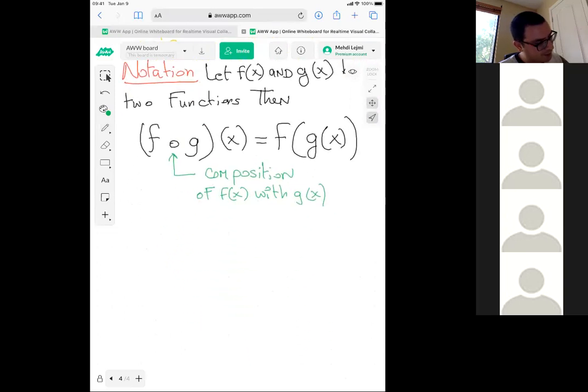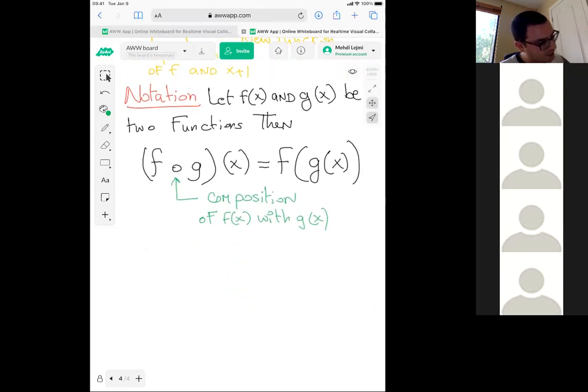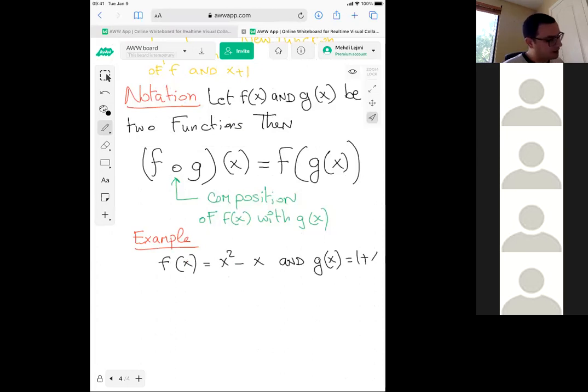So that's the notation. For example, let's say f of x is x squared minus x, and g of x is 1 plus x. Let's say you want to compute f composed with g.